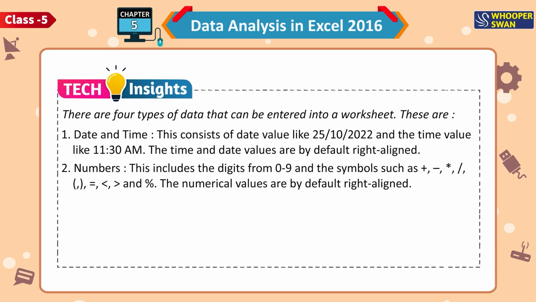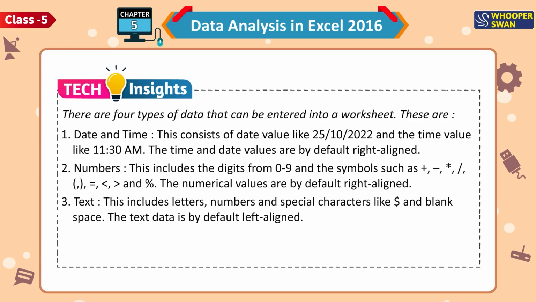This includes the digits from 0 to 9 and the symbols such as plus, minus, asterisk, slash, comma, equals, less than, greater than, %. The numerical values are by default right-aligned. Third, text. This includes letters, numbers and special characters like dollar and blank space. The text data is by default left-aligned.